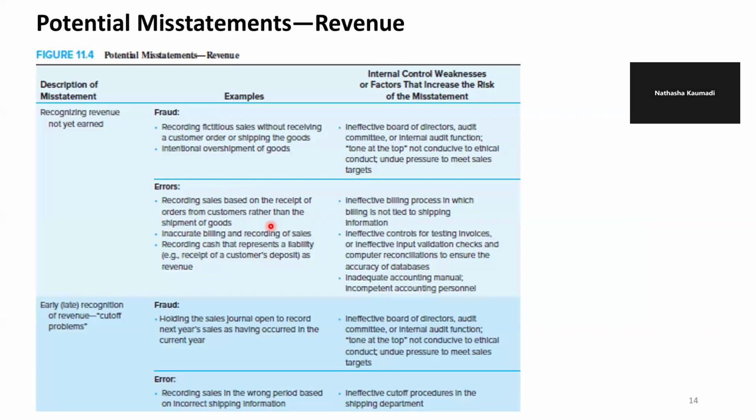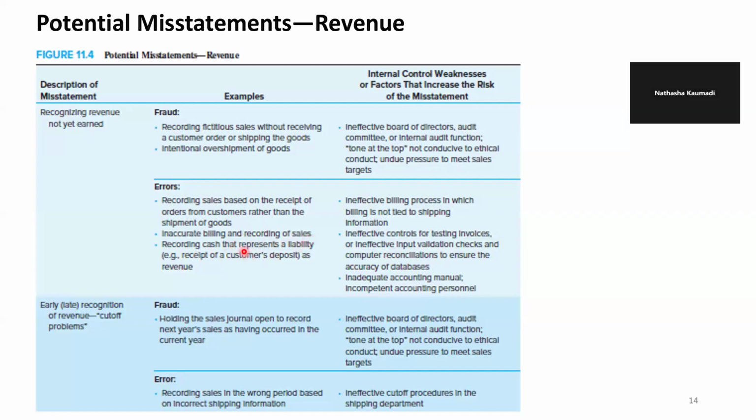So even though the customer has requested 200, after communicating with the customer, you are actually sending 180. Now, when you actually record the sales, you need to use 180 units, isn't it? Not 200. But unintentionally, erroneously, you look at the sales order and record the sales transaction as 200 units, not 180. That is an error. Maybe it is not intentional, but an error. Inaccurate billing and recording of sales.